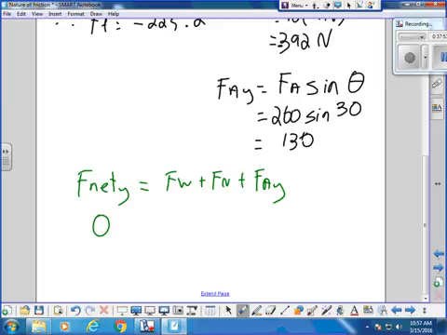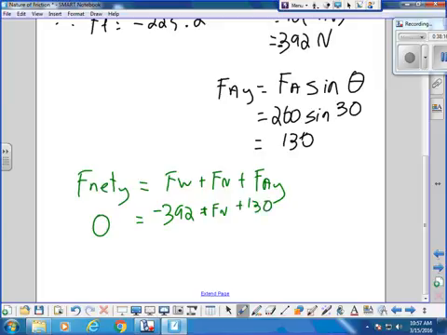So now plug in your values. Careful with your signs. So the FW we said was minus 392. The normal force is what we need eventually. And the FAY is up at 130.